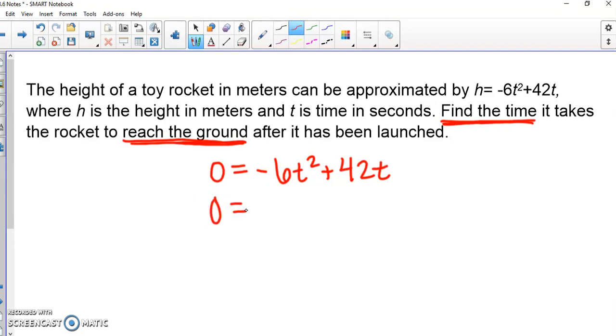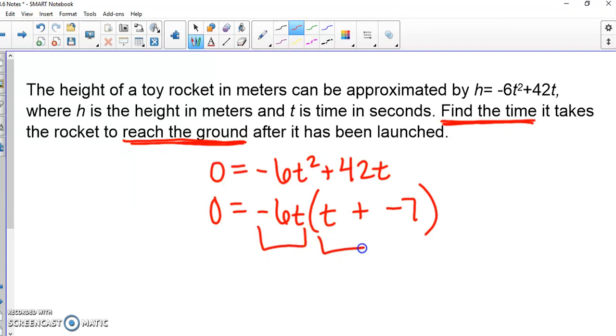So I'm going to go ahead and take out a negative 6t from everything. And when I do that here, I'll be left with t. And then I'll need to have a negative 7 left over here. So my 2 chunks of my equation now are negative 6t and t plus negative 7. So each of those then is what I'm going to set equal to 0.